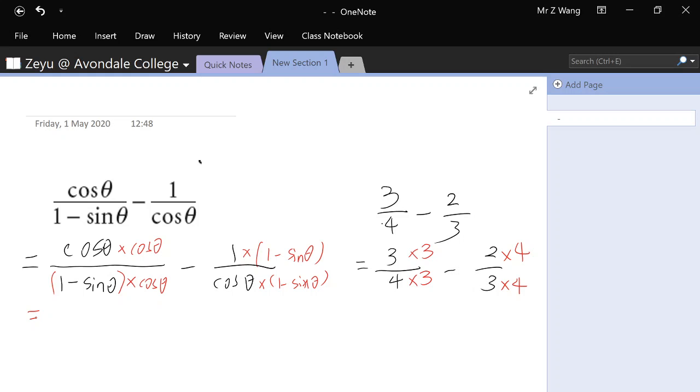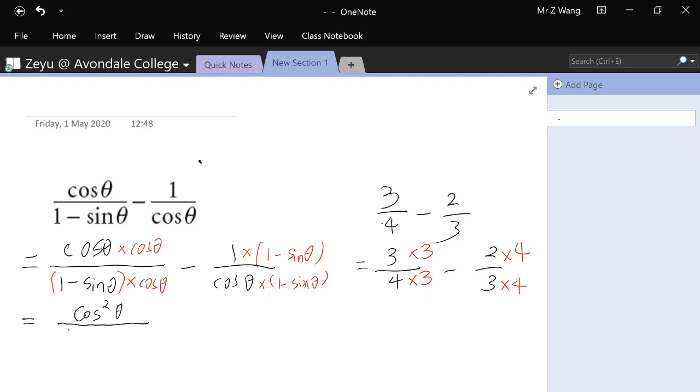Right? And then you simplify. Remember, cosine theta times cosine theta is cosine theta squared. But we don't write bracket cosine theta squared. To save the bracket, we write the square here to represent the same thing.